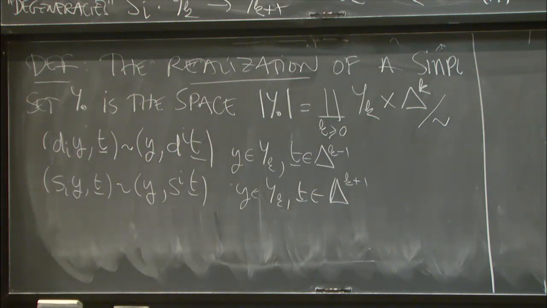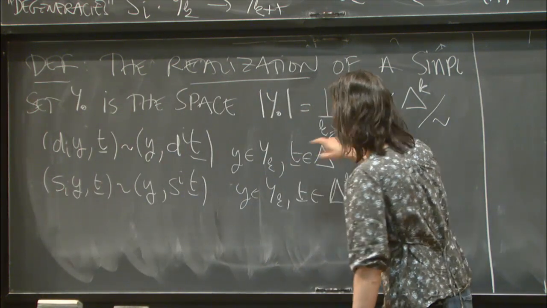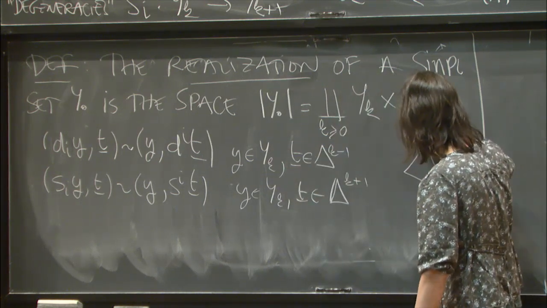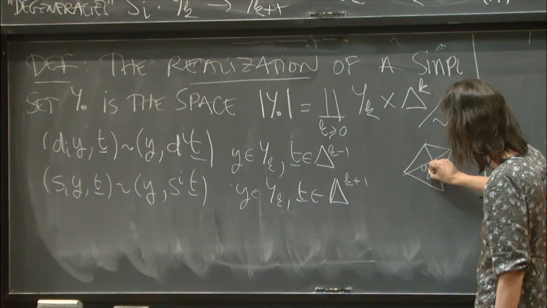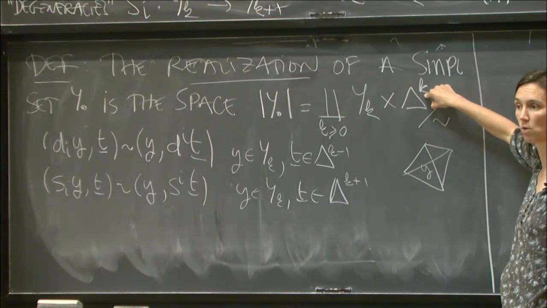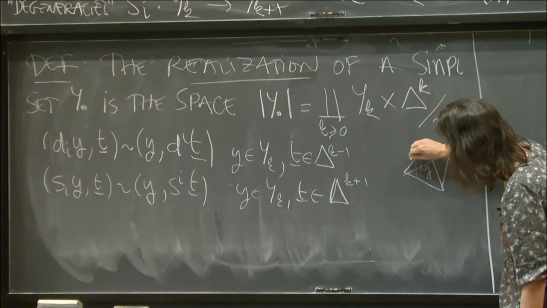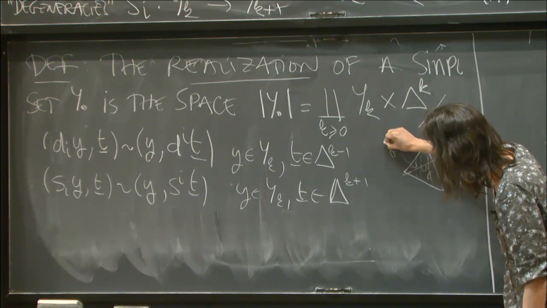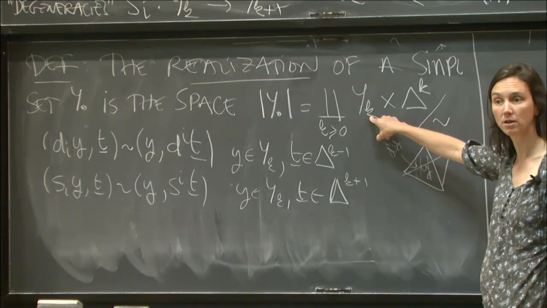So what are we saying? We're saying if I have my y, my y is a k simplex. Okay, in my realization, I attach an actual k simplex corresponding to y, but y had a face, a guy called d_i y in Yk minus 1.